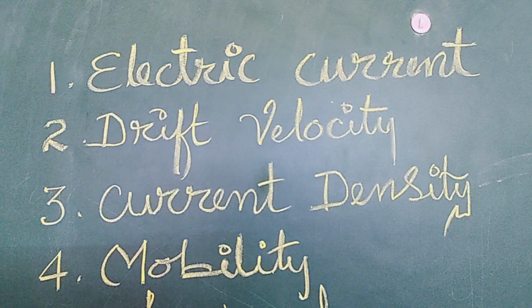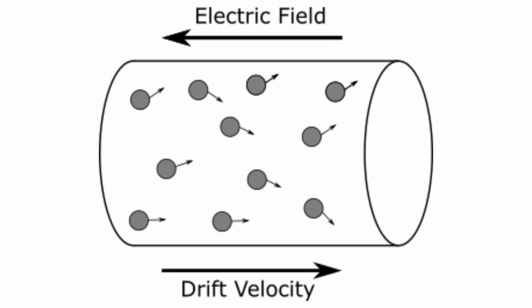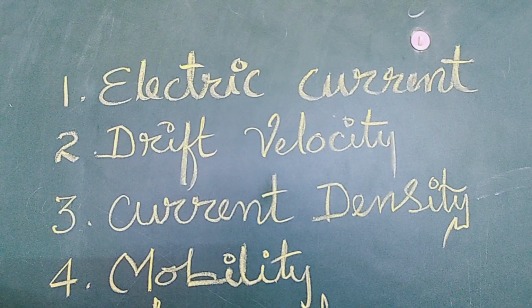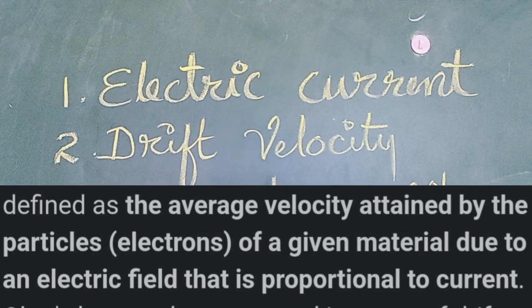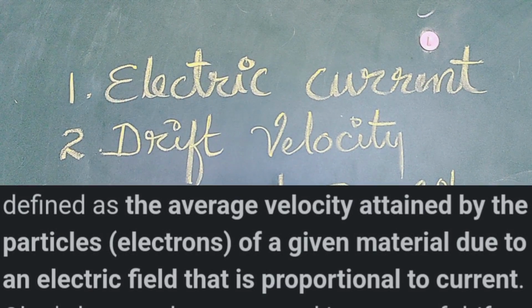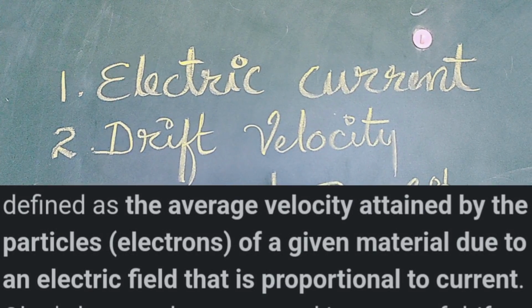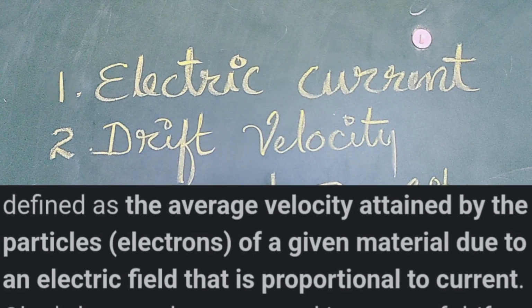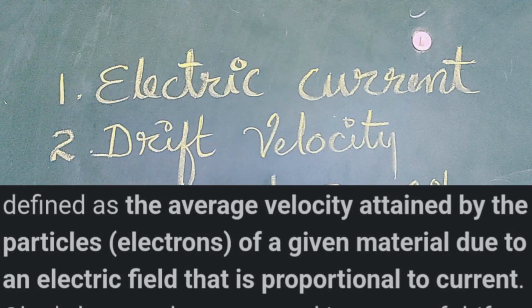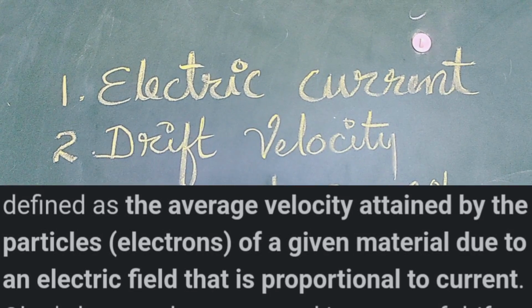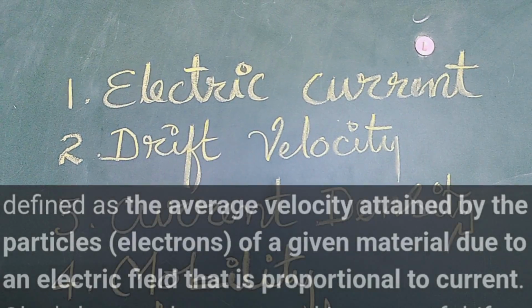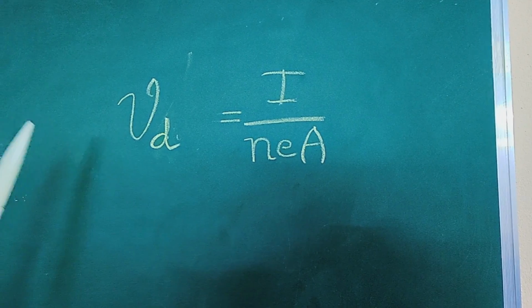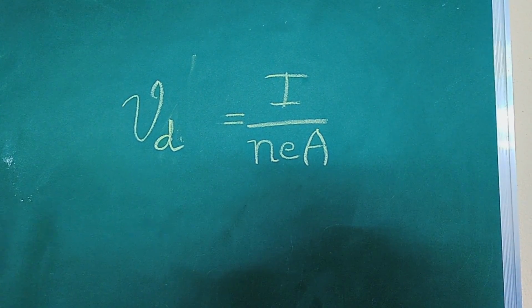The second one is drift velocity. The drift velocity is the average velocity attained by the electrons of a given material due to an electric field. This is directly proportional to the current. Now, how to calculate the drift velocity.